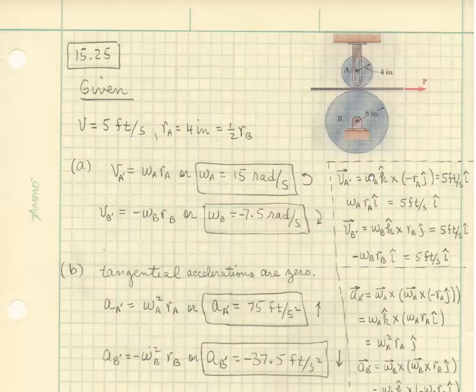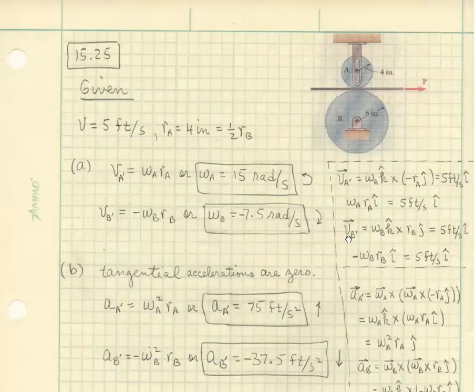If it comes out that omega A is negative, then the rotation is clockwise. So we have omega crossed into R equal to 5 feet per second times the I unit vector. When you do K crossed into J, you get a negative I. That sign turns it into a positive I, and you'll be left with omega A R A times I equal to 5 feet per second. That's exactly what you have over here: omega A R A equal to 5 feet per second. So you come out with omega A as a positive number, which means it is counterclockwise.